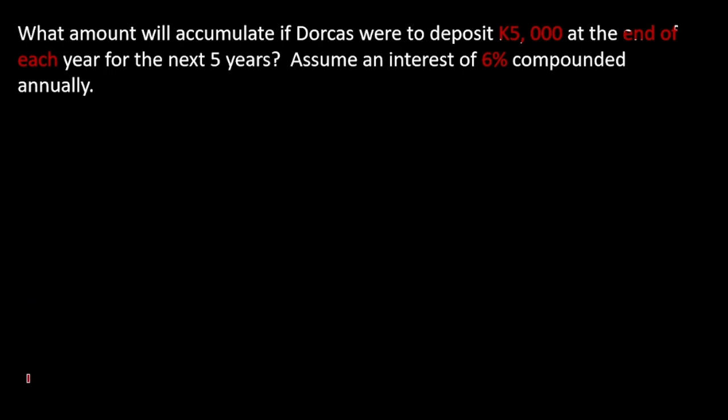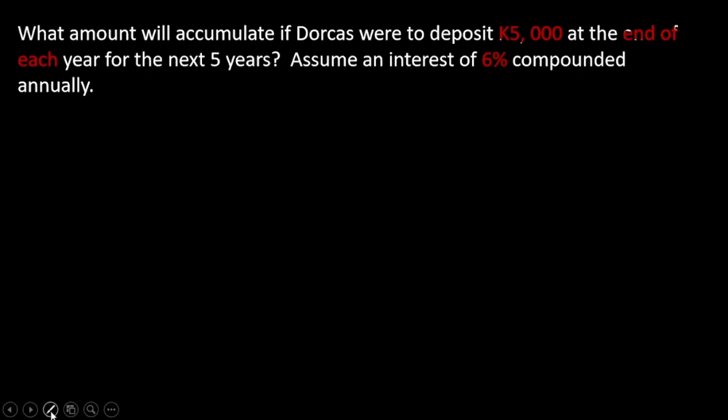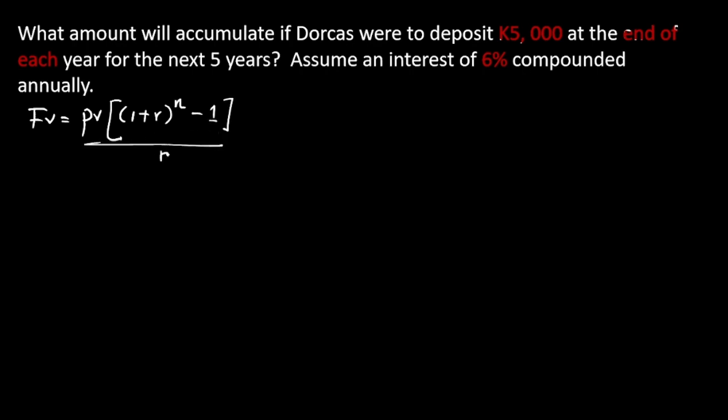So the formula we are going to have is that future value is equal to present value, times 1 plus R, to the power n, minus 1, divided by the rate.